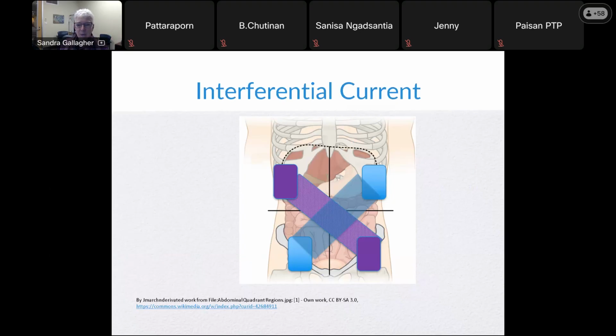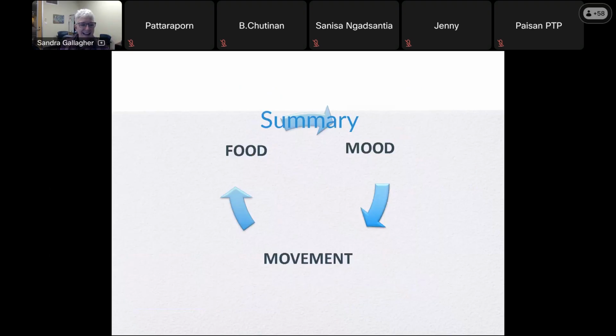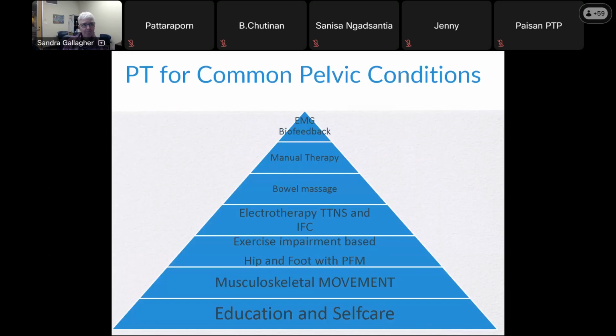So in summary, when I talk about bowel and bladder function, we talked about food, we talked about the importance of movement, and also mood will influence those things. When you're thinking about helping people with bowel and bladder disorders or asking some of your patients, do they have these disorders?